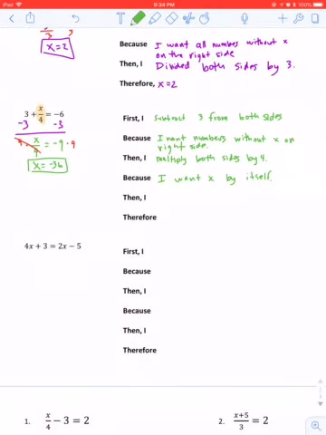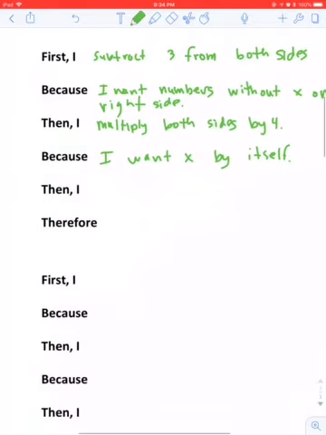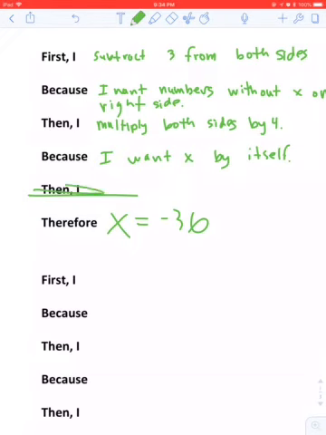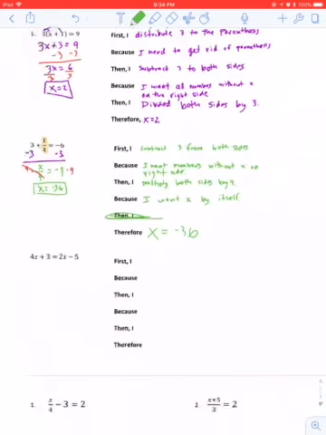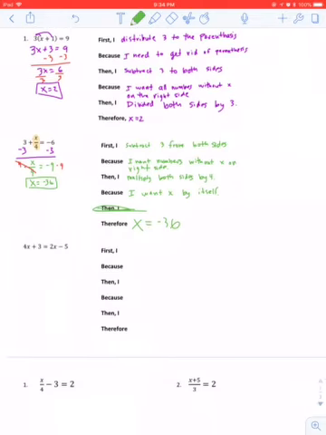Okay, so here we got to answer, therefore x is equal to negative 36. And you see, we didn't even need that part. Okay, so this is an easier step. Okay, last one.